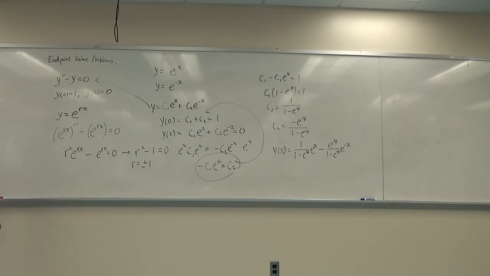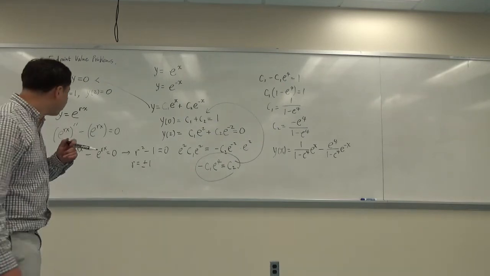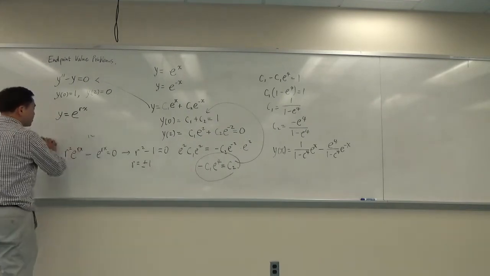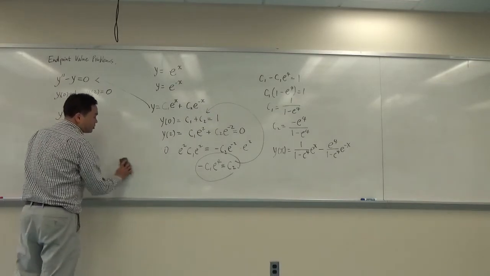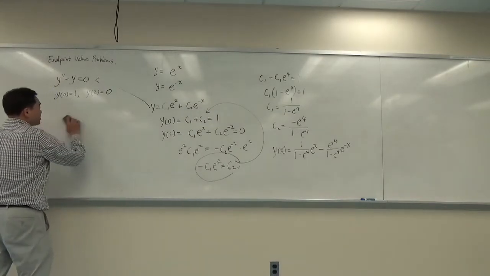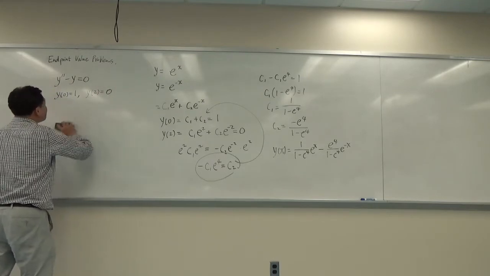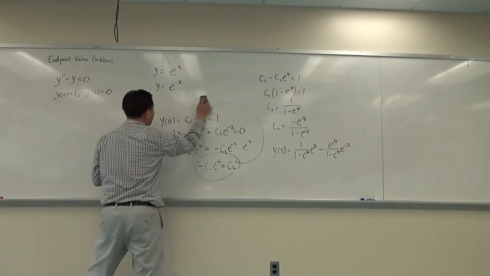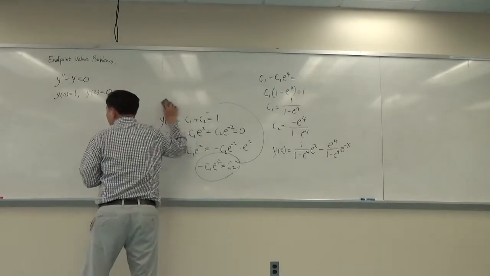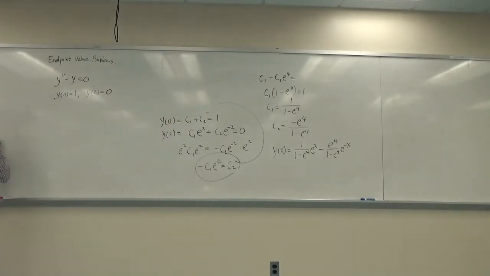It's just slightly more complicated because another value is given. And you might think that, oh, okay, so there's not much difference between an endpoint value problem and an initial value problem. However, there's a very big distinction.